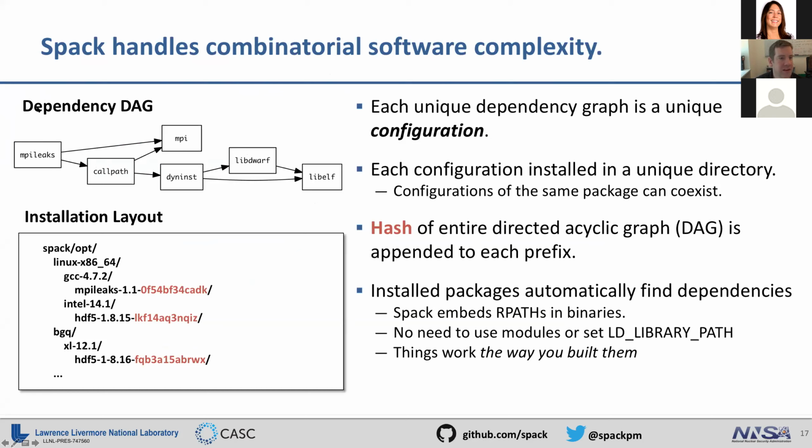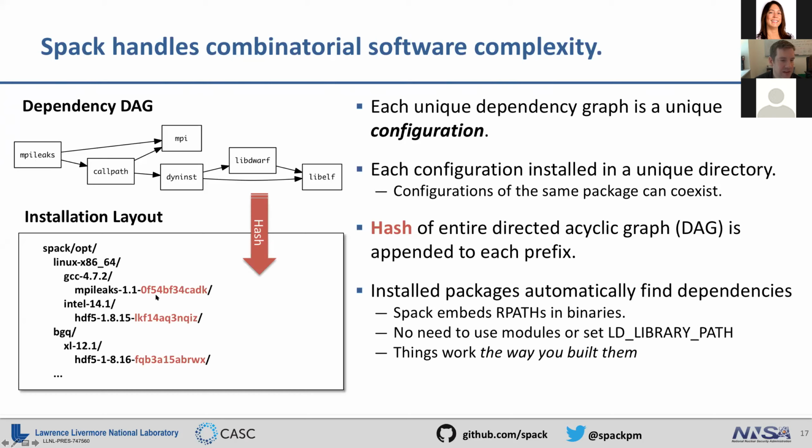In order to distinguish the installations for different versions of packages, we basically imagine that this node had the MPI-Leaks version, the compiler version, all the build options, flags, and things like that on it. We take that entire description for the DAG and we generate a hash. The directory layout looks something like this, where under opt in the Spack directory, there are per architecture directories, per compiler directories, and then per package directories.